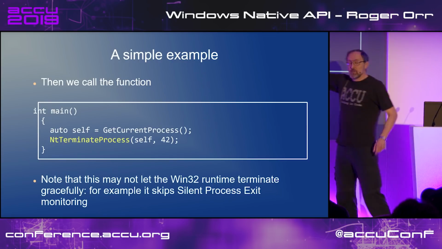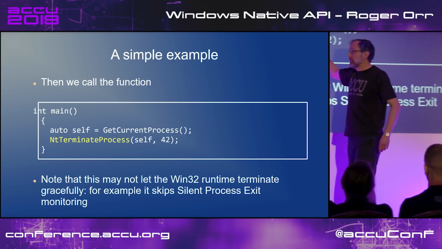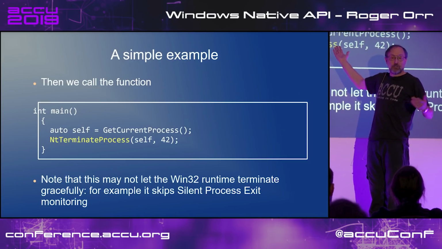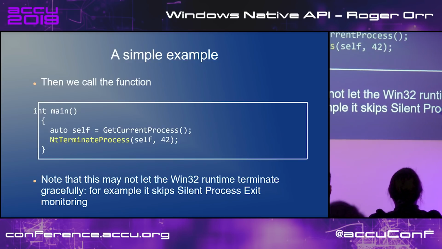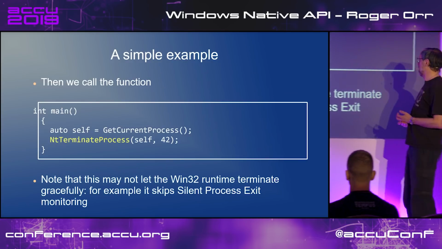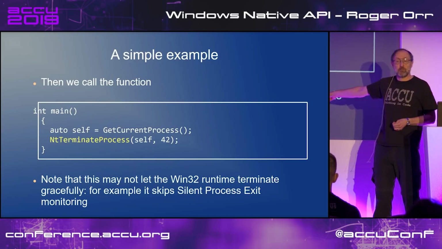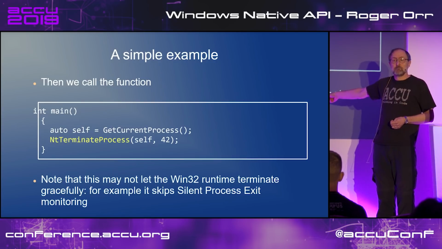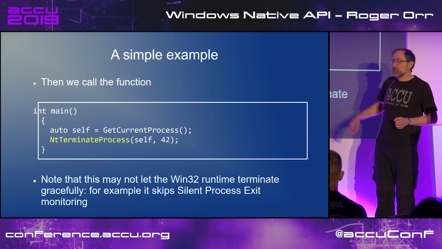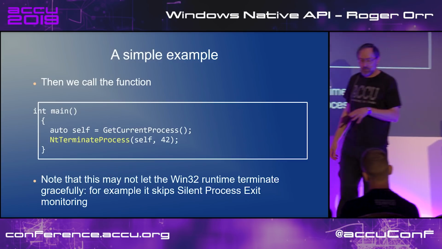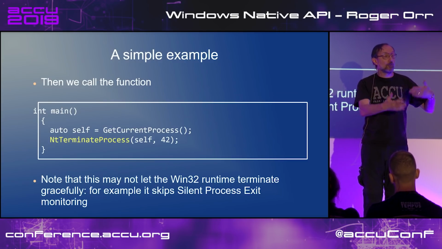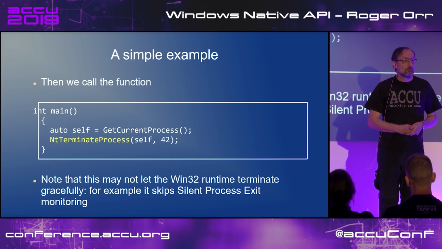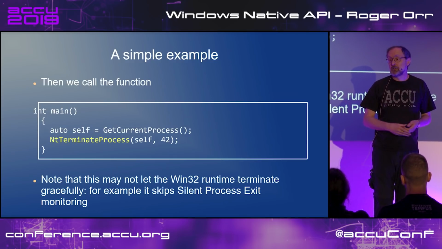So, because we're going below the layer of Win32 and the C runtime, there are certain things that may not happen, and calling NT terminate process may skip stuff. Has anyone heard of silent process exit monitoring on Windows? Well, you have now. It's a technique where if your process exits with a non-zero return code, you can specify some actions to take, which is quite handy for running stuff on the server.